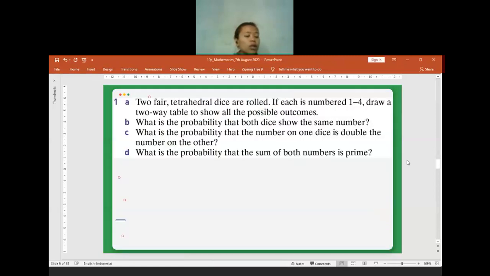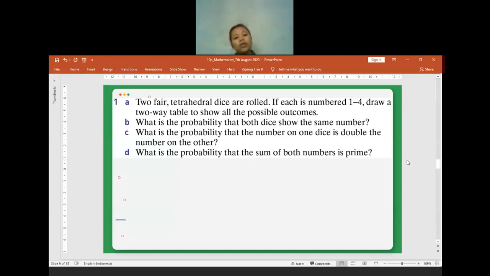Okay, it is in your textbook, page 488, question 1, exercise 34.1. We are going to discuss exercise 34.1. Here, we have 2 fair tetrahedral dice that are rolled.